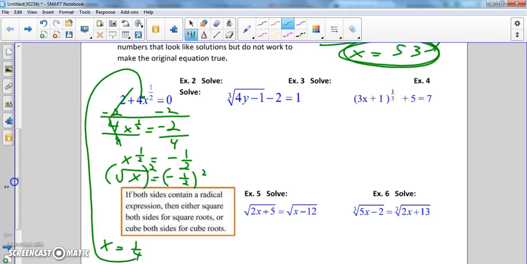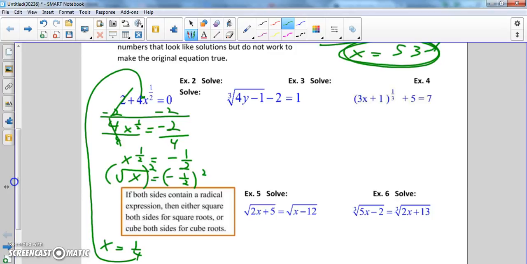So first off, I'm going to take 1/4 to the 1/2 power, which means the square root of 1/4. So what times itself is 1/4? Well, we've kind of proven above, 1/2 times 1/2 equals 1/4. So 1/4 to the 1/2 power is 1/2.